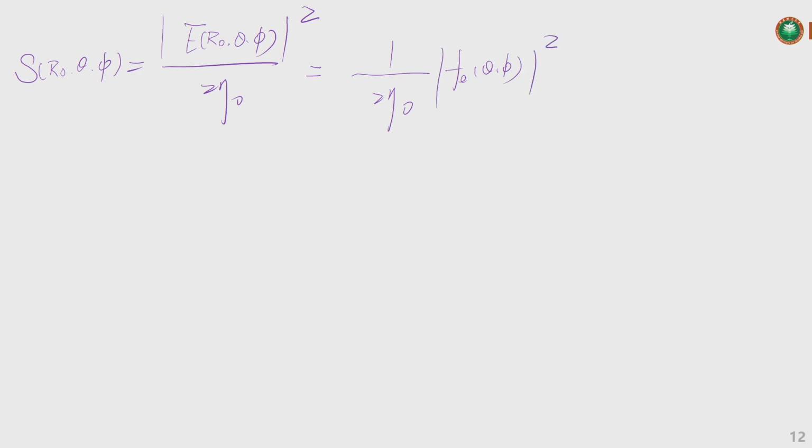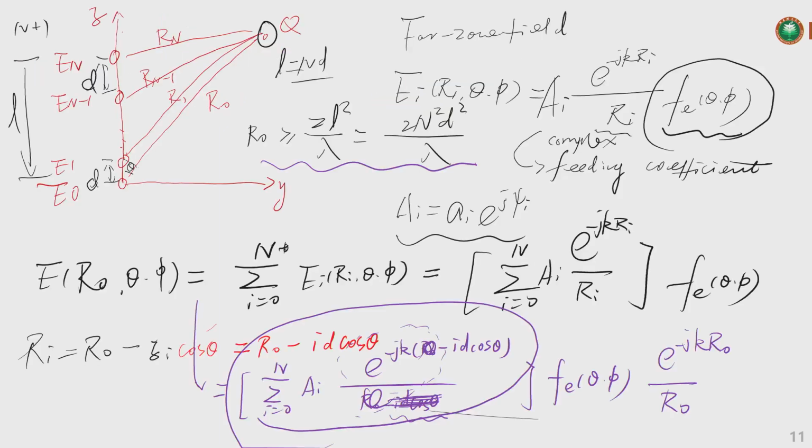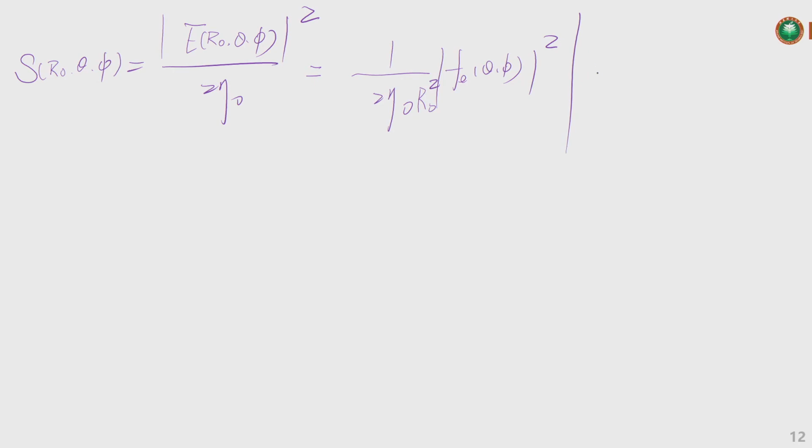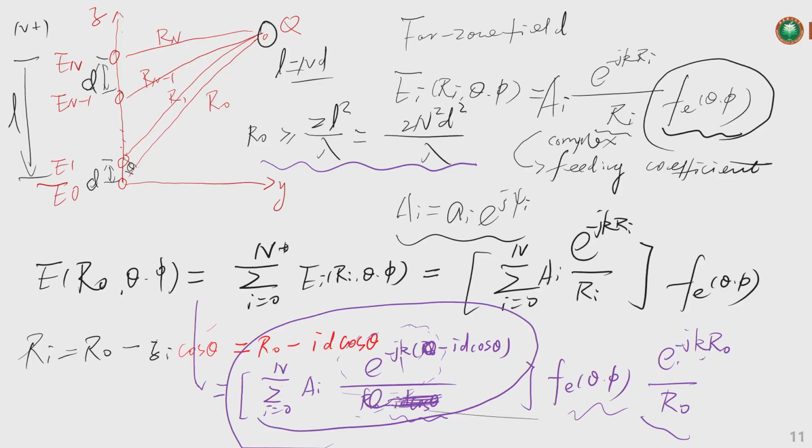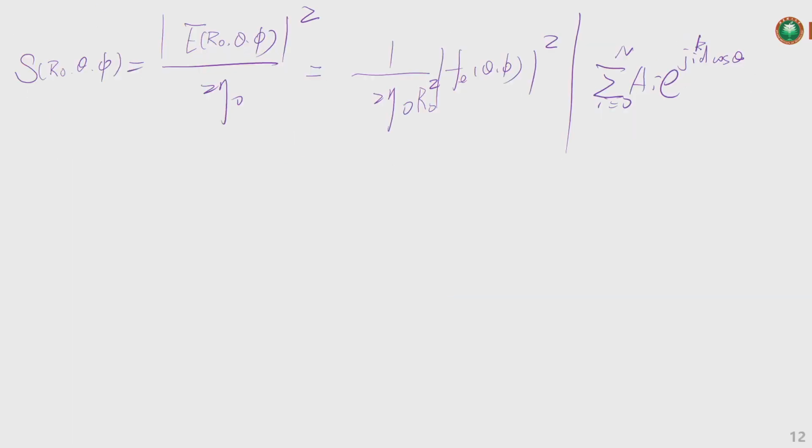This part squared, and also we have R node squared. Come back to here: look at this one, R node square, F_e squared. This part disappeared, and also the square of this part, so the values: sigma from 0 to n of a_i e to the j I k d cosine theta, squared.